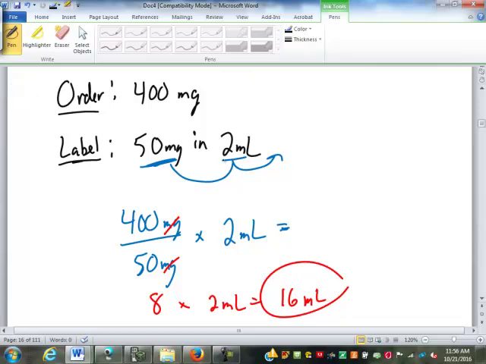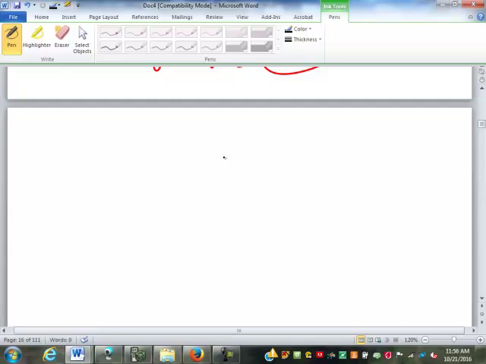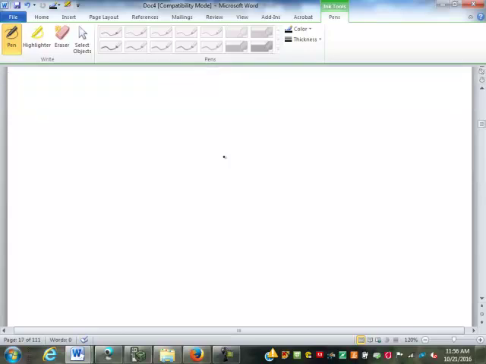Okay. Now I want to expose you to the other 2 methods of calculating dosages before we finish up for the day, so that you guys have a week to think about what method you prefer before we polish them up next week. So let's look at a proportion method.